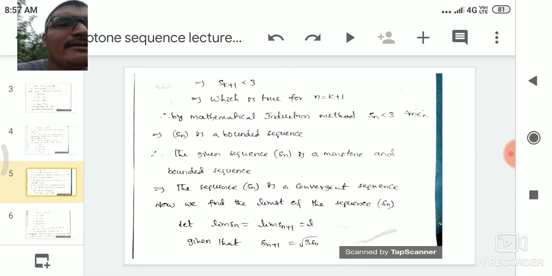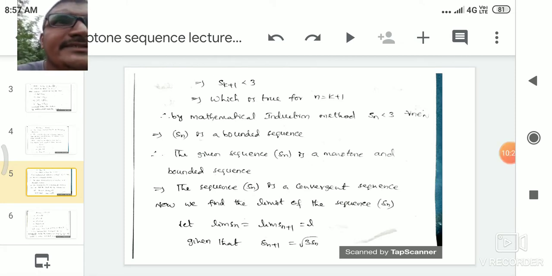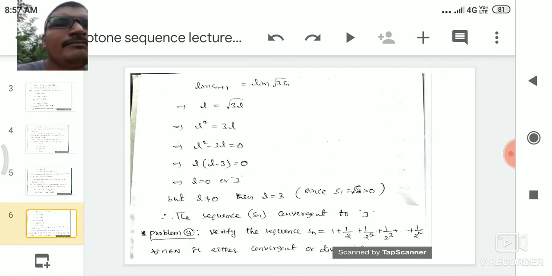Here consider limit of Sn is equal to limit of Sn plus 1 is equal to L. Given that Sn plus 1 is equal to root of 3 into Sn. Now apply limit on both sides: limit of Sn plus 1 is equal to limit of root of 3 into Sn.